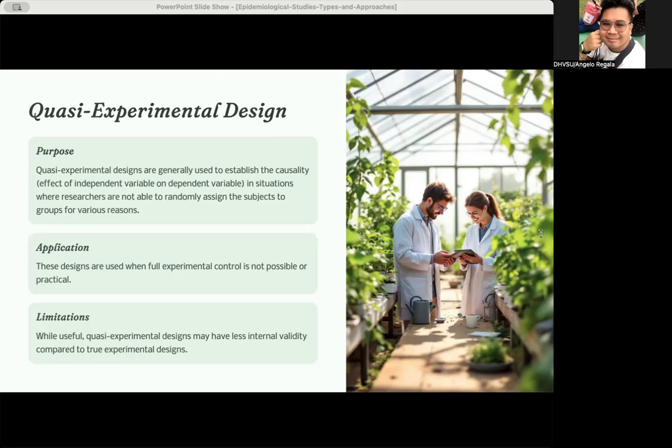Okay, so quasi-experimental designs are used when full experimental control is not possible or practical. So the limitation is that there is less internal validity compared to a true experimental study.